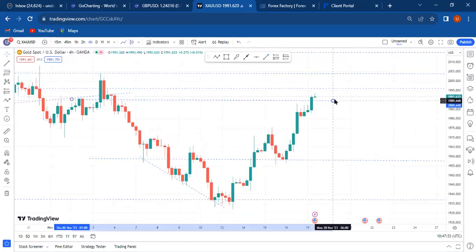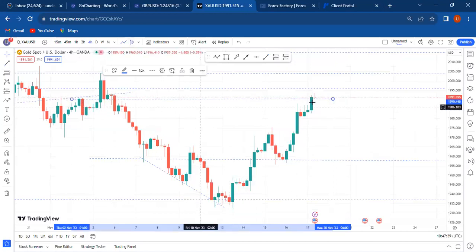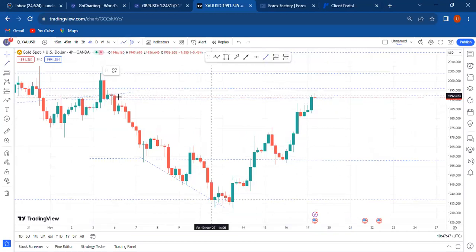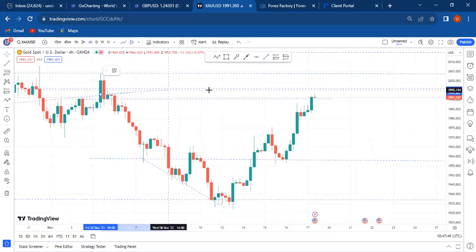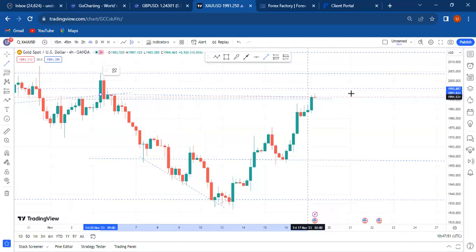And what do we have here? We have resistance, support, then price is coming to this area, right? Now, let's watch. This area, price is currently on a very strong, significant level. This area, this is a resistance. Now, price is at this resistance.